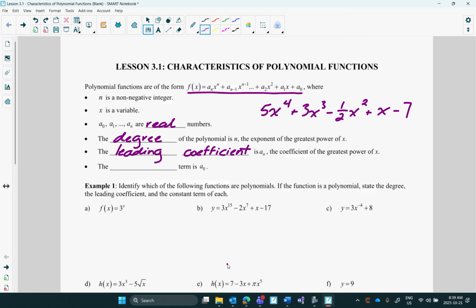That is the coefficient of the term that contains the highest exponent. So the leading coefficient would be 5. That's it. And the term that doesn't contain a variable, even though we could write it using a variable, is called the constant. So in this example that I wrote here, the constant would be -7.